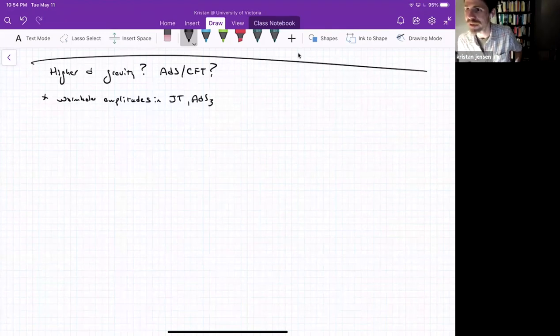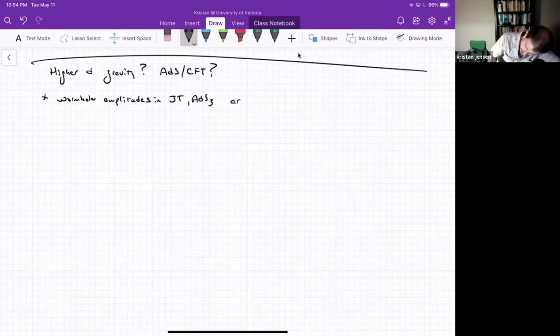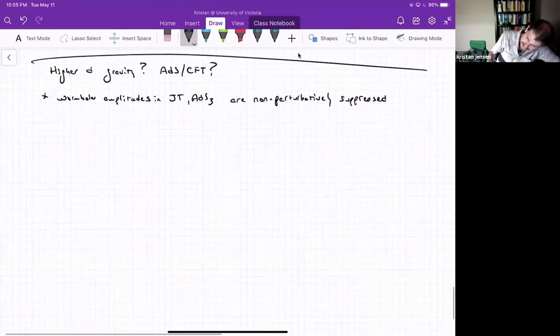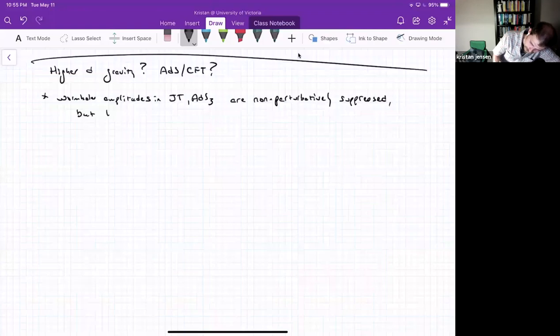To actually compute them is quite tricky. The reason is that these are non-perturbatively suppressed. They're like instanton contributions in gravity, but they do not have a saddle point approximation.